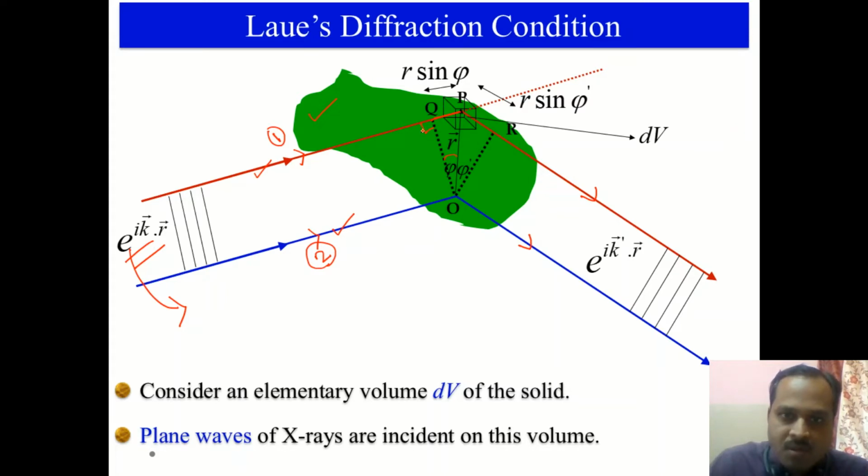This is the path difference between these two incident rays with respect to the points P and O. Ray 1 is incident at the point P, ray 2 is incident at the point O, and the path difference between them is r sin phi.